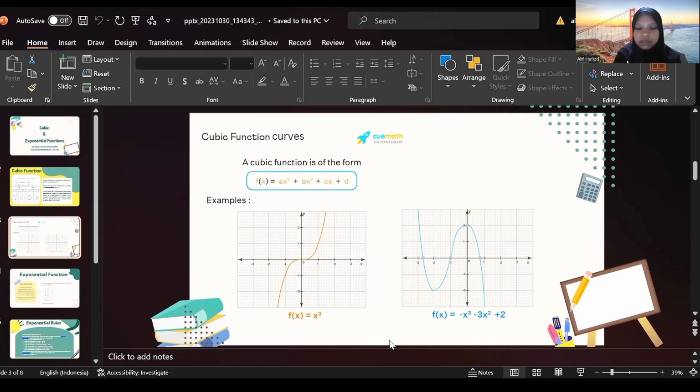So to fill in the table, we need to figure out what y will be when x is each of these values. So to find y when x equals minus 2, we just plug minus 2 into the equation that we were given, which will be y equals minus 2 cubed plus minus 2, which simplifies to minus 8 minus 2.